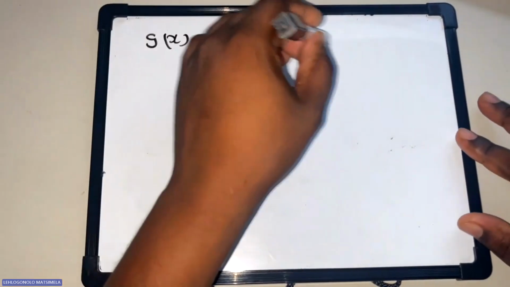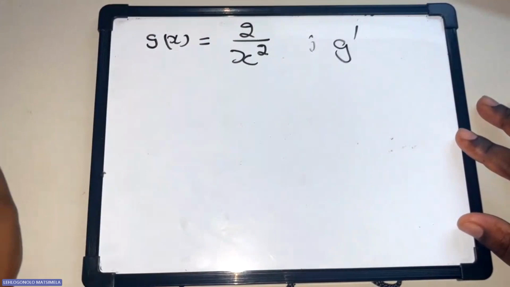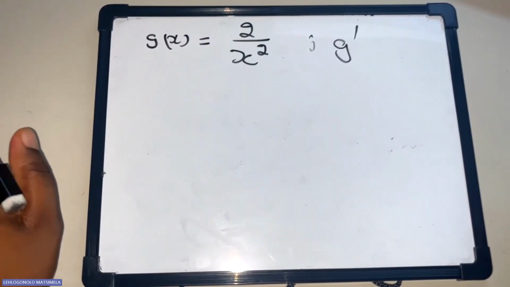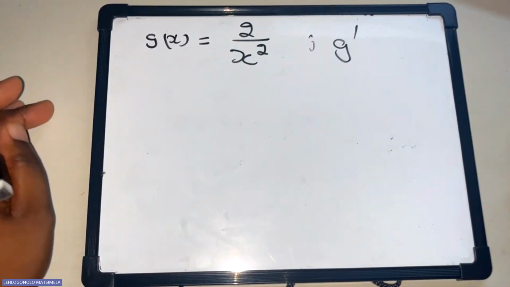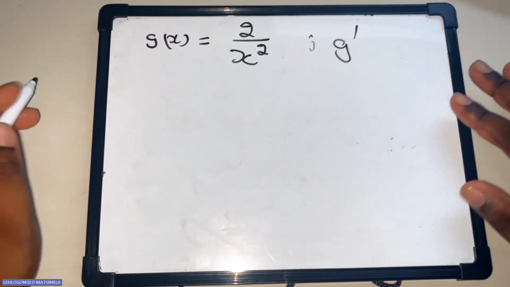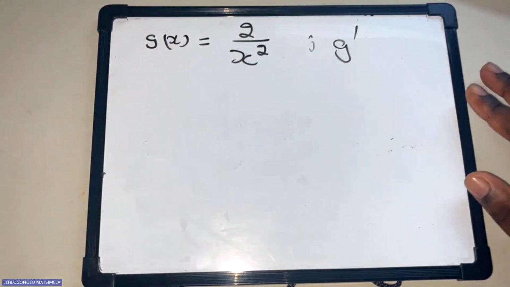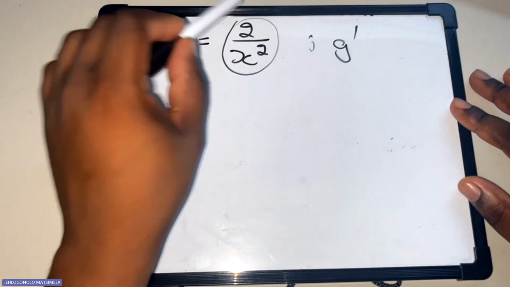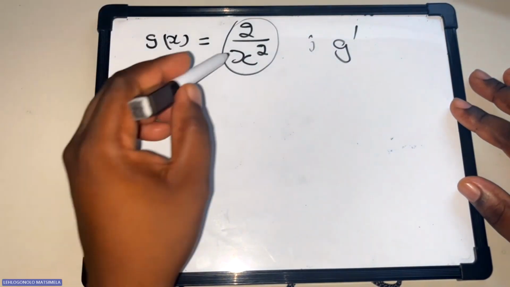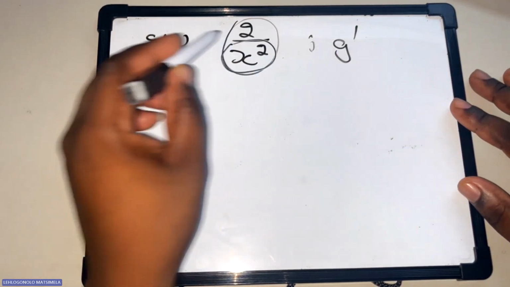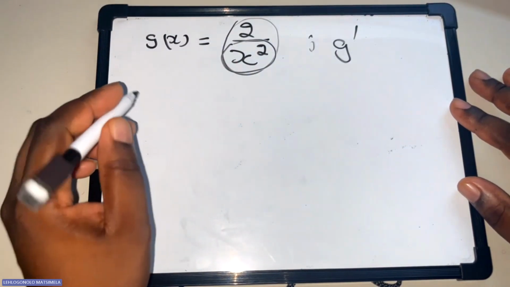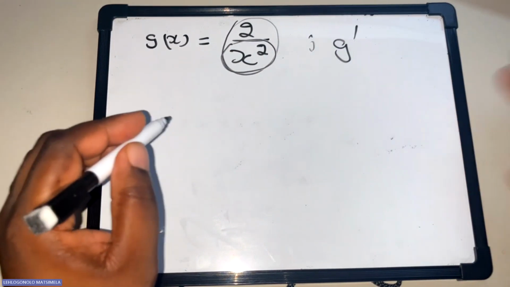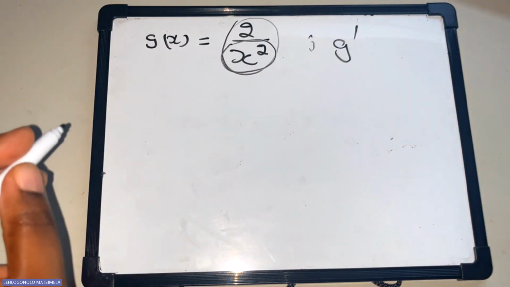When they say determine G prime, it means finding the first derivative of this whole thing. The first thing that you must check is how many terms you have in the equation given. This is only one term. Now we must get rid of the x from the denominator to the top, so we will multiply the exponent by minus 1.